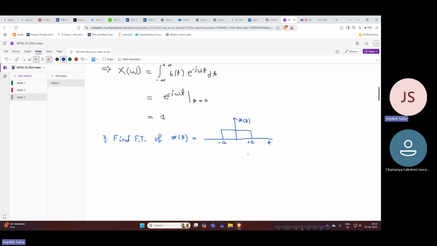Okay, this is a rectangular pulse and we have to find the Fourier transform of this.